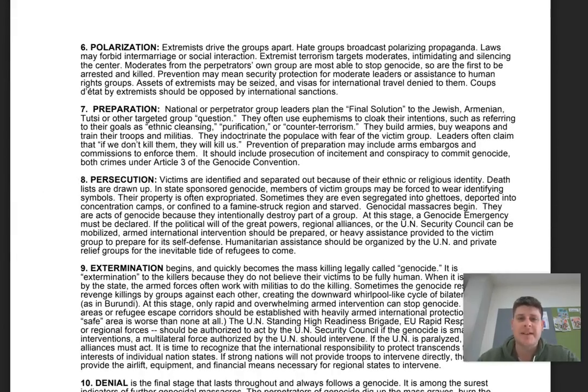Next, we have polarization, and this is where everything starts ramping up. This is basically spewing propaganda, and it's all fueled by extremists. We no longer just have the moderates, the people who hate. We now have the people who hate and are willing to commit violent acts to basically push these people out of their space, whether it's their country, their state, or their living areas, or just out of existence altogether.